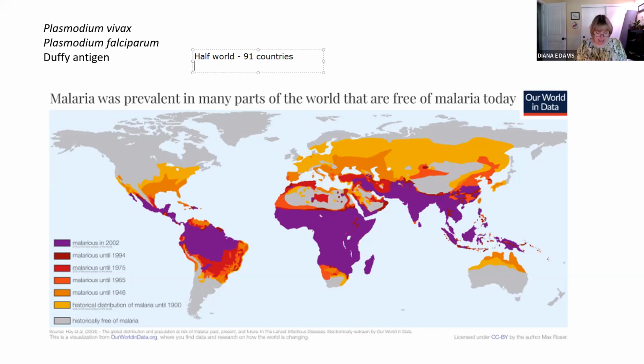And our best estimates are that there are 216 million cases and just shy of 500,000 deaths every year due to malaria. 90% of the deaths are in Africa, and most of these are in children under 5.